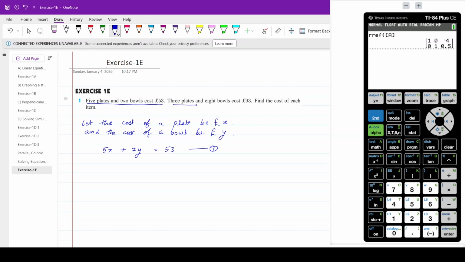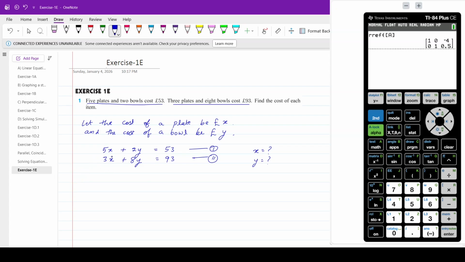And 3 plates and 8 bowls cost 93. 3 plates, that will be 3x, plus 8 bowls, that will be 8y, is equal to 93. This is our equation 2. Find the cost of each item. So we are supposed to find the value of x and the value of y.